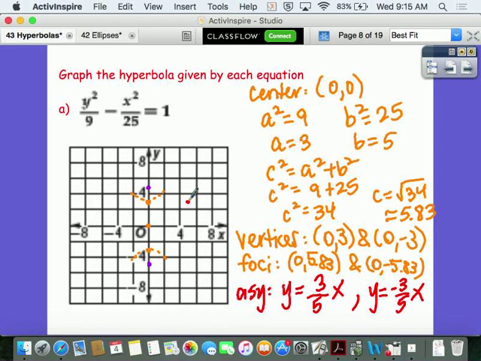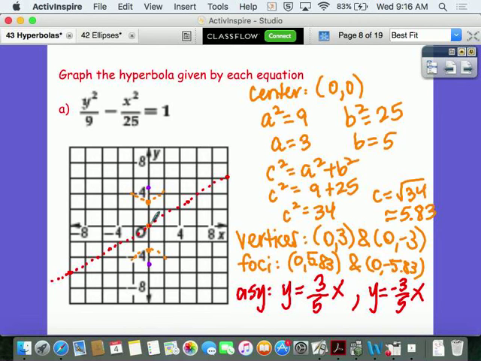Remember, my scale goes by 2s. That's why I'm kind of going halfway in between. Up 3, over 5. Or I could go down 3 and over 5. And there's one of my asymptotes, drawn with dotted lines. Now I have to get my other one.